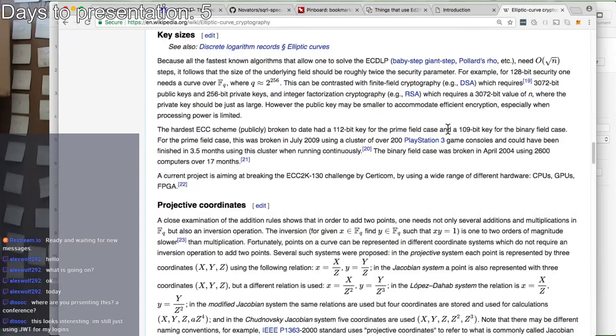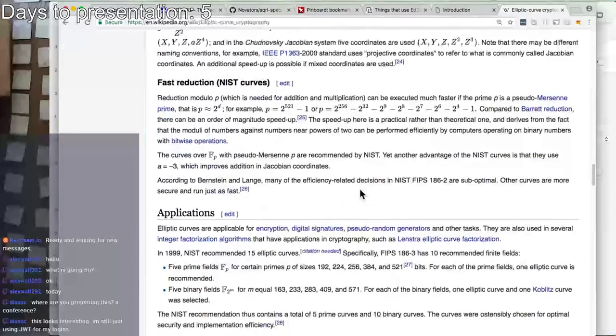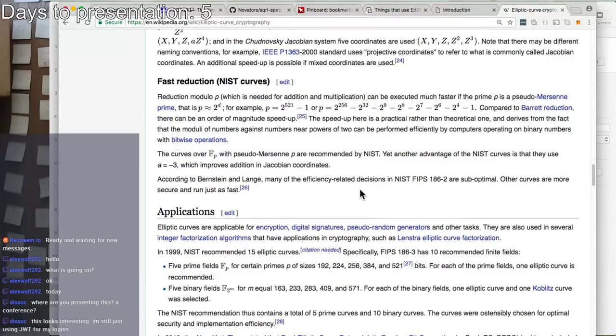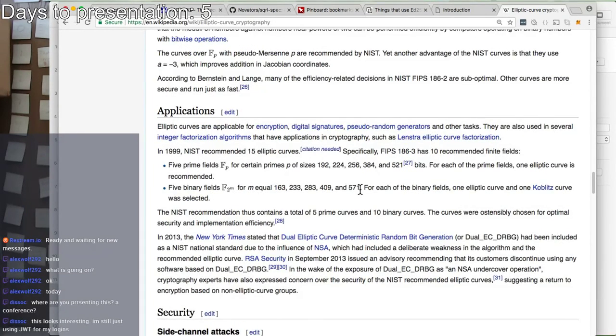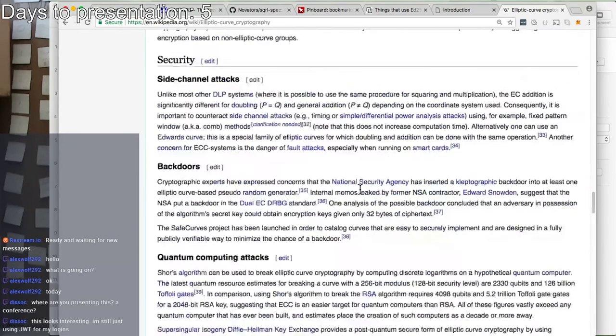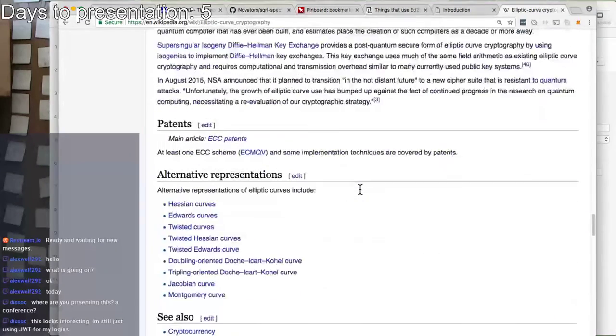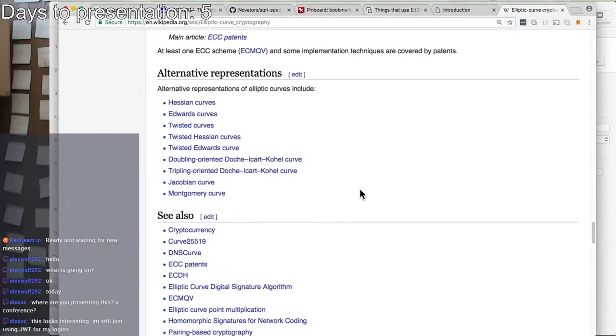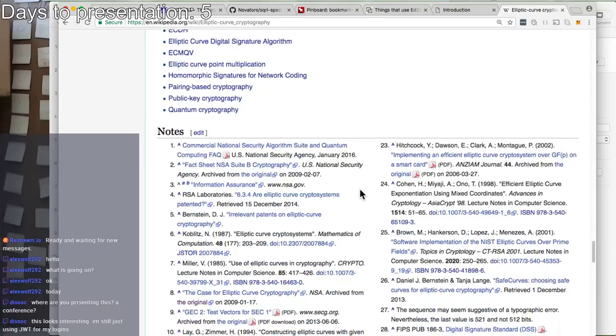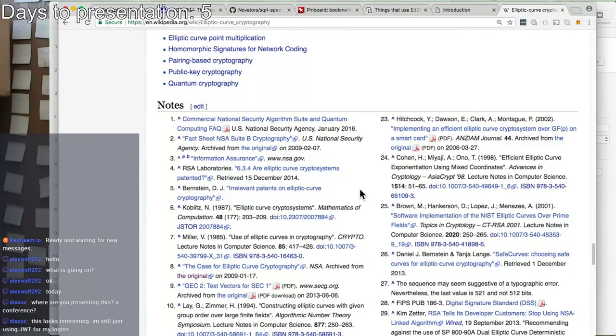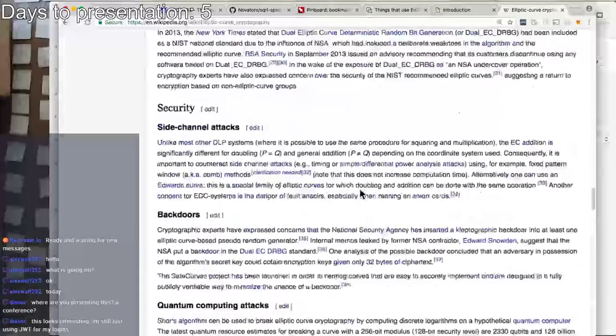Alright, so we've got breakage up to 112-bit, and we're mostly using 256. People might be citing efficiency.